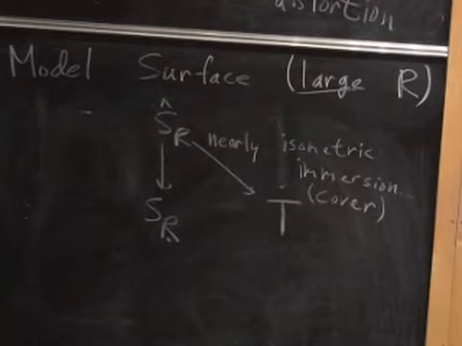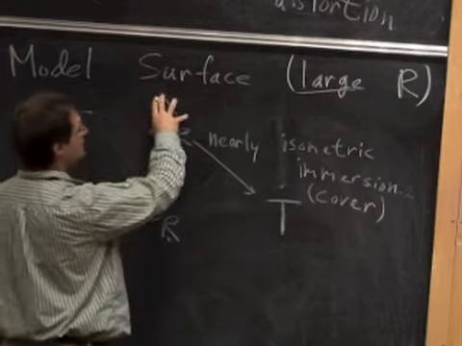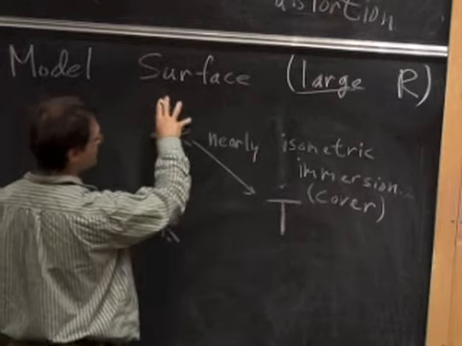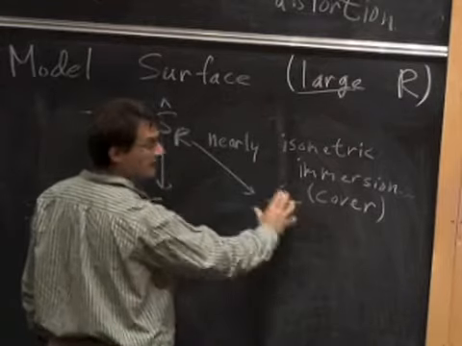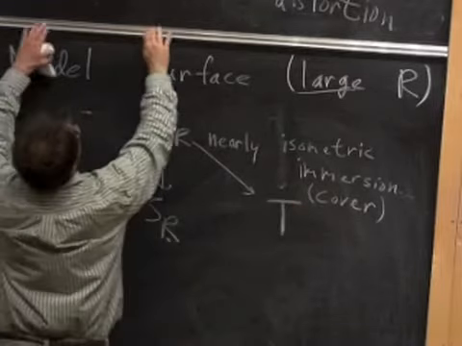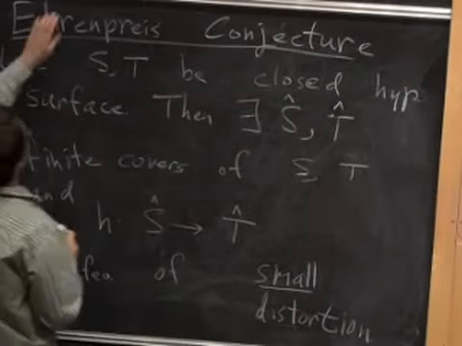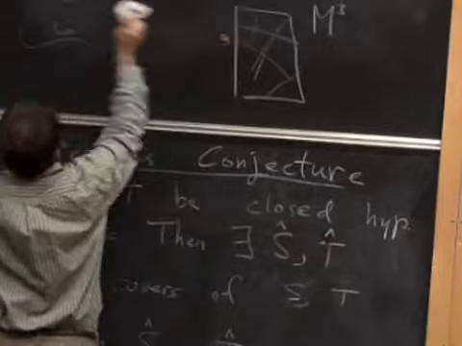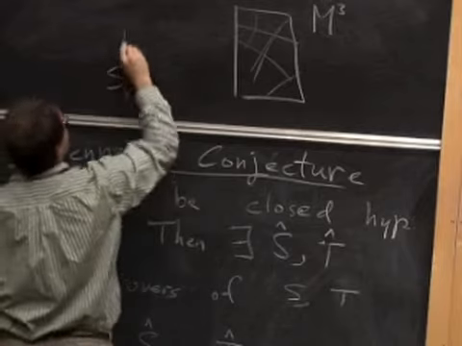And so now the point is that I've made this look more like the surface subgroup theorem. I'm saying, given a hyperbolic two-manifold, I'm going to find a cover of this model surface that's nearly isometrically immersed, and therefore a nearly isometric cover of my given surface. And then down here, it's the exact same thing. I'm going to take the same model surface and do the same thing.